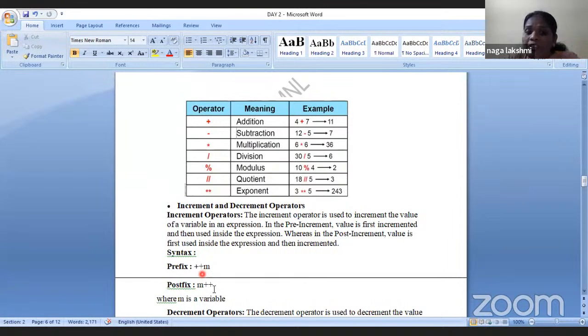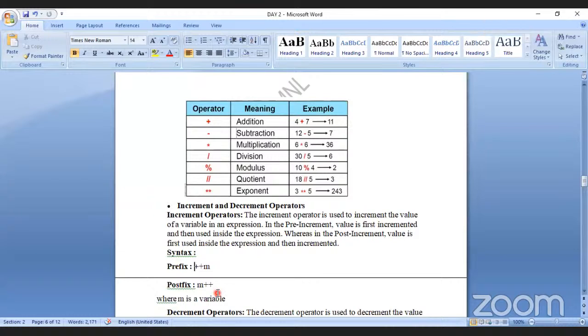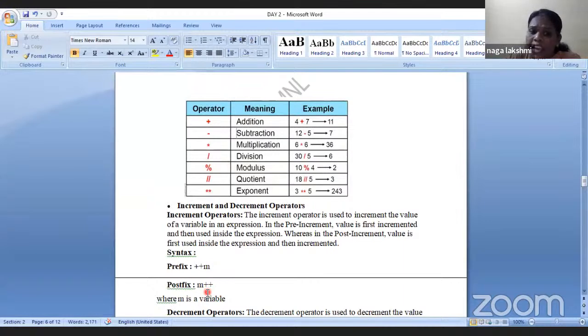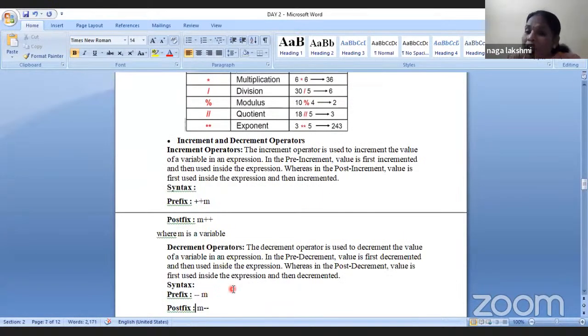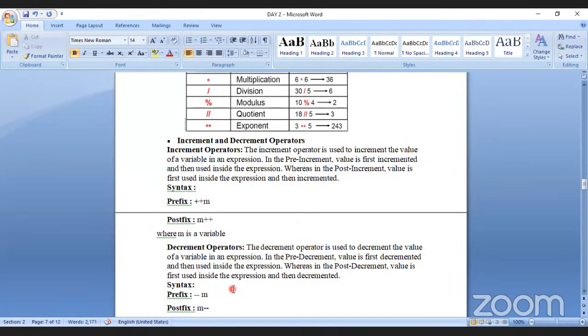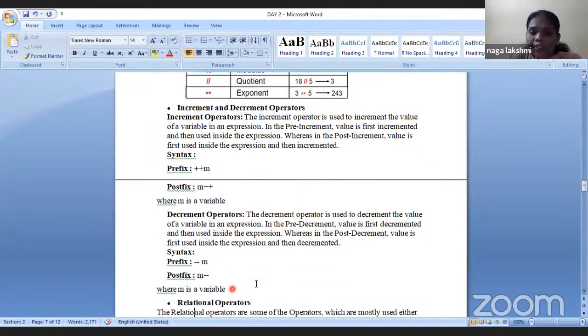Next one becomes postfix increment. And decrement also has two again, prefix decrement and postfix decrement.